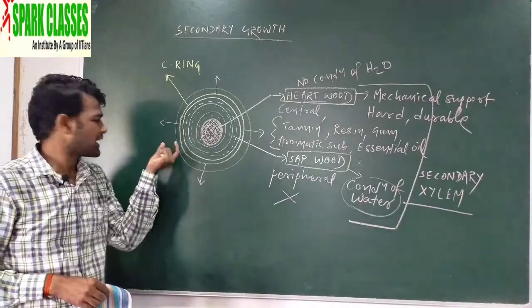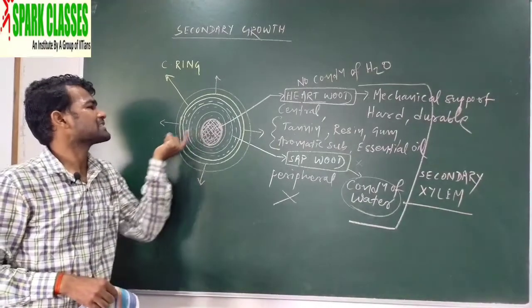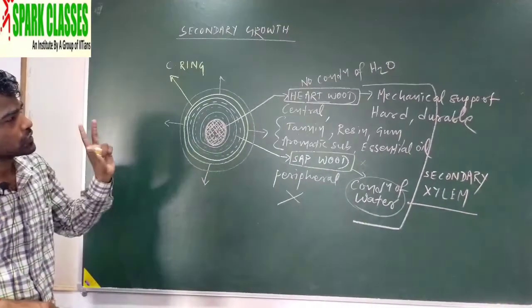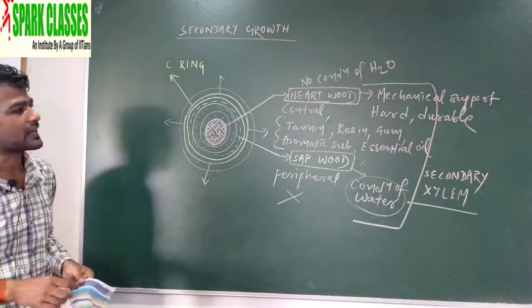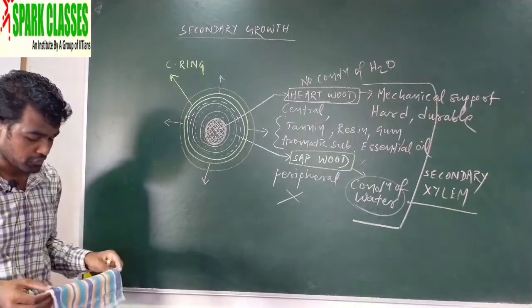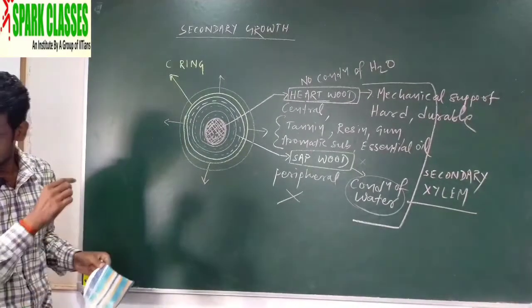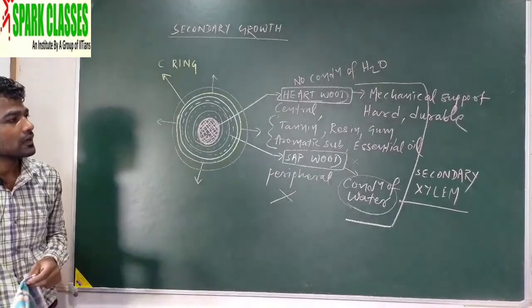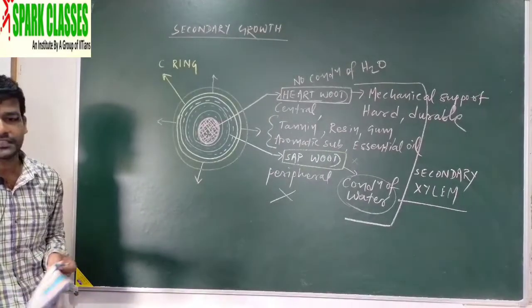So the amount of secondary phloem is generally less than secondary xylem. Clear? So this is all about the different types of secondary xylem or different types of woods. You can make a short note, or you can take a screenshot of this. Otherwise we'll move to the next part.